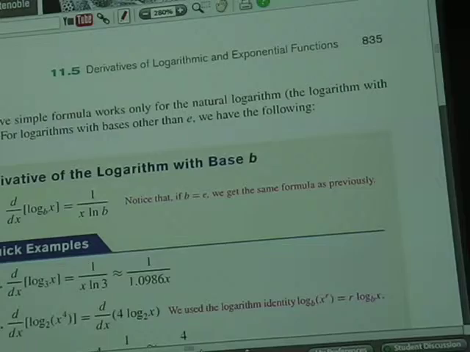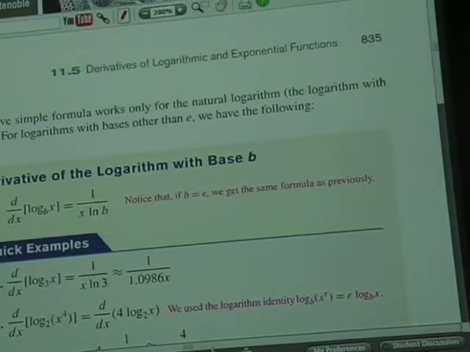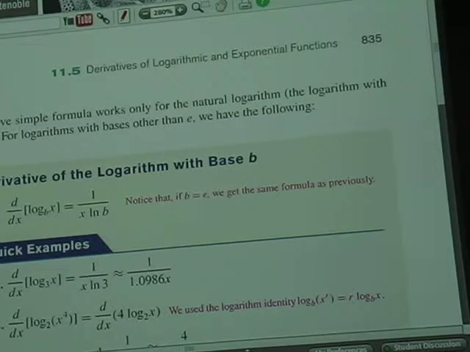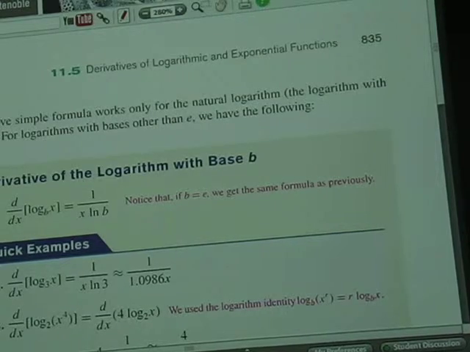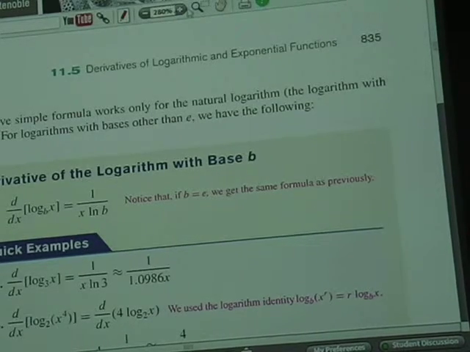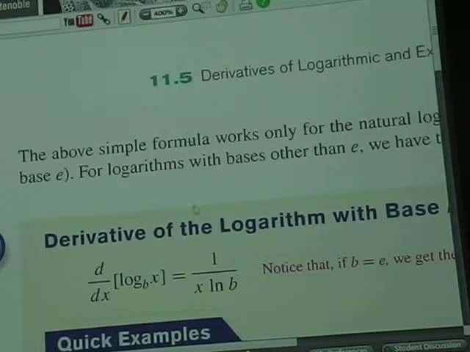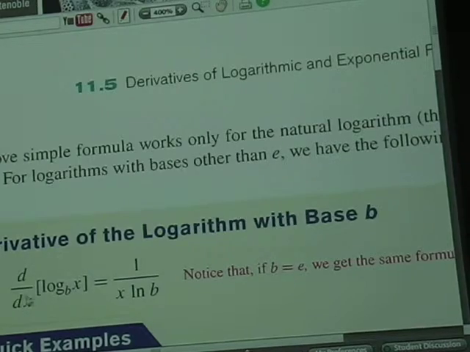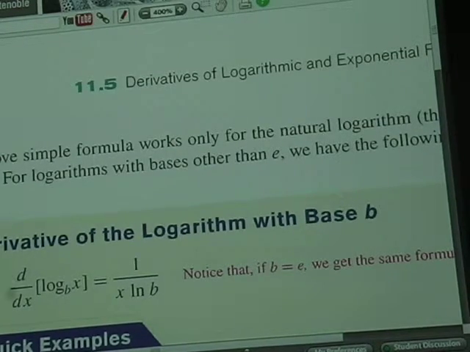Here's another rule that I didn't do. This is another one you have to remember. Let's repeat it. Let's all say it together. Okay, let's read it. This symbol means what? The derivative.